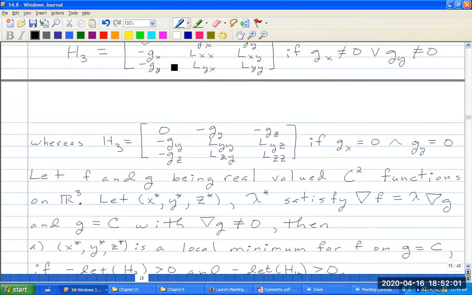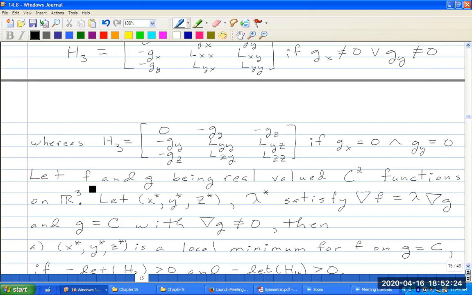Of course, there'll be some things that are zero in this. That's the other case.